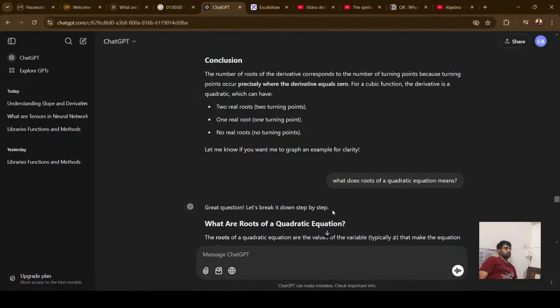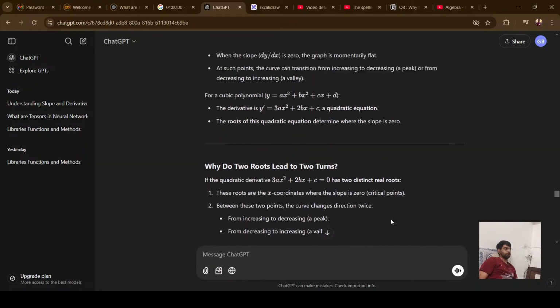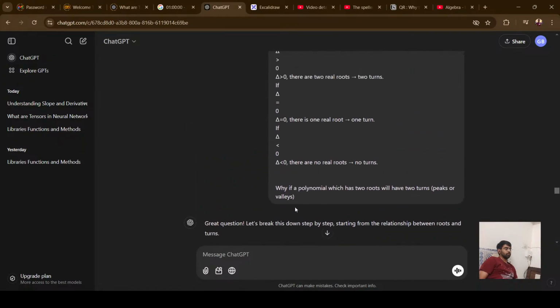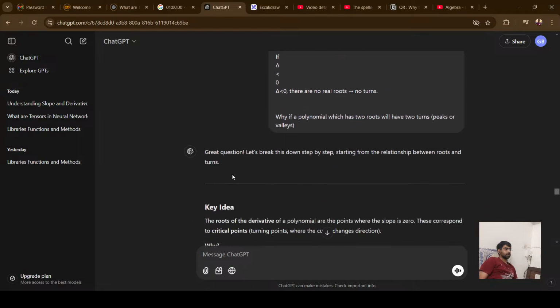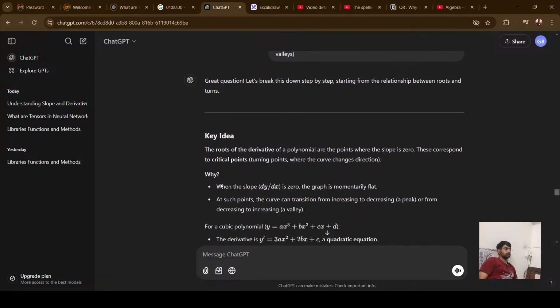Now the another question I had in my mind was, why, if a polynomial which has two roots will have two peaks? So what it has said here is, let's break this down. The roots of a derivative of a polynomial are the points where the slope is 0. Hmm.